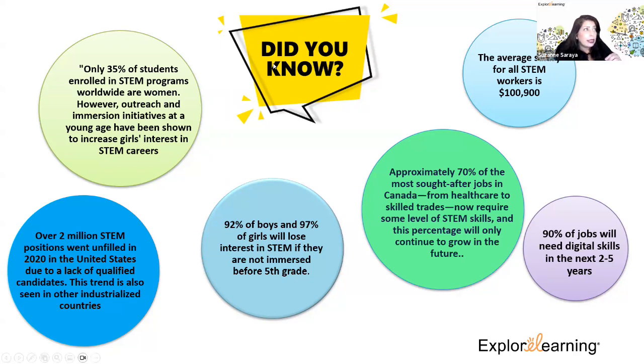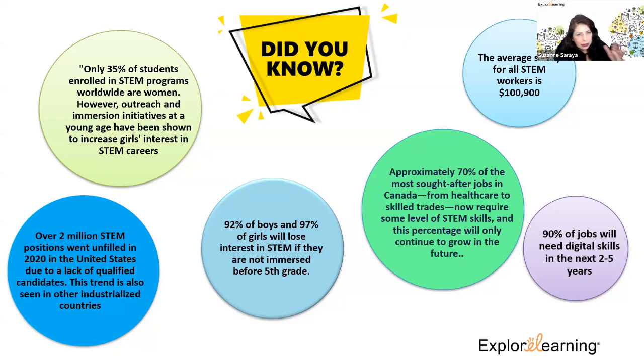If you're in an elementary classroom, for me, the biggest takeaway was this one: 92% of boys and 97% of girls will lose interest in STEM if they're not immersed in it before 5th grade. Imagine all the power that you have to change lives if we're able to make students truly engaged with STEM as early as 5th grade.